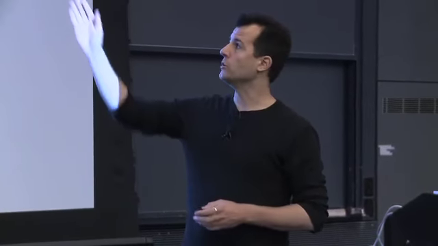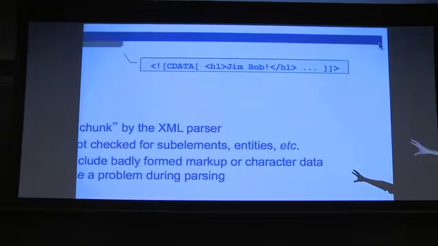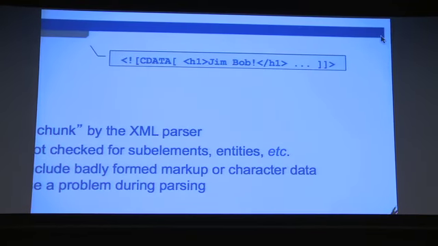So CDATA exists for that purpose, where you can tell an XML parser, a program that reads an XML file, much like you yourselves will write, you can say, ignore the following stuff. Do not parse it. It's CDATA, character data, not parsed character data, PCDATA. And you can just say to the parser, just suck in everything you're about to see without worrying about its syntactic validity. I'll worry about that.